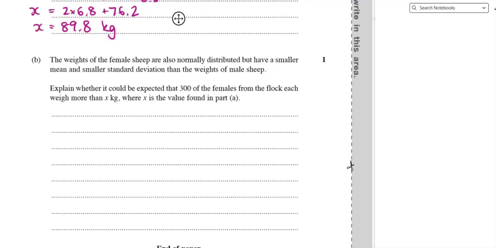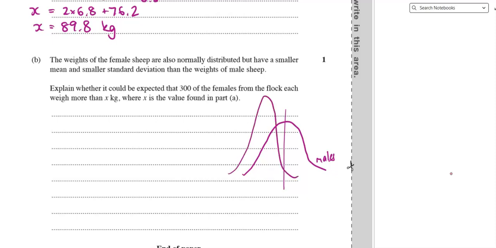All right, so they're telling me that if this is the distribution for the males, the females is lower because it has a lower mean, but it also has a smaller standard deviation. So the females must look like that. The females have a mean which is lower, and a smaller standard deviation means it's even tighter.